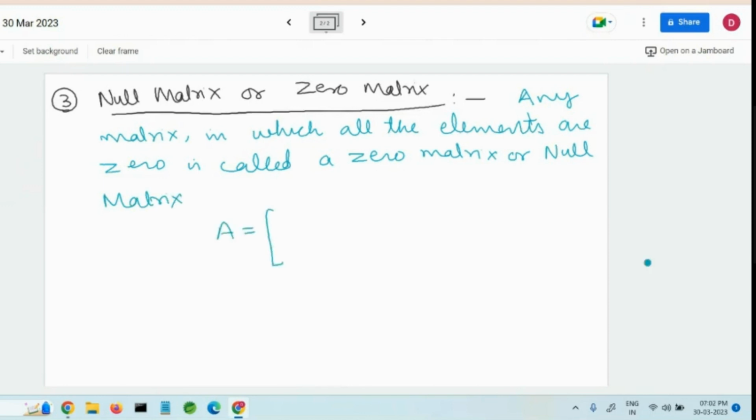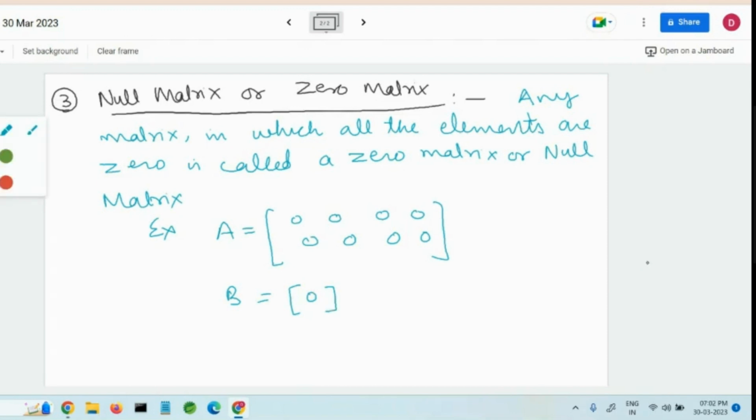A is 0, 0, 0, 0, 0, 0, 0, 0. This is an example of a null matrix. This is also another example of a null matrix.